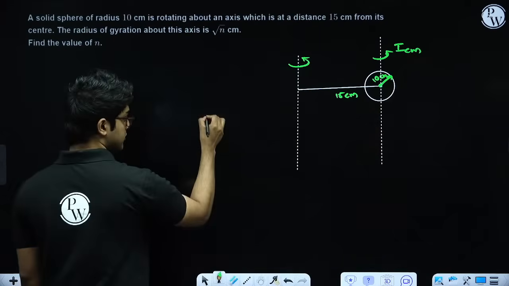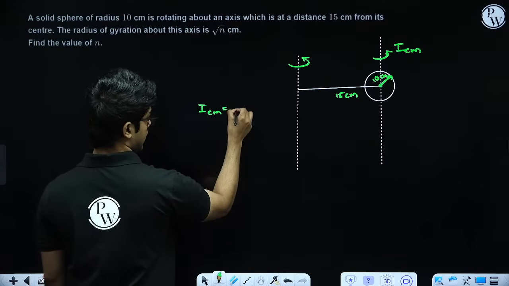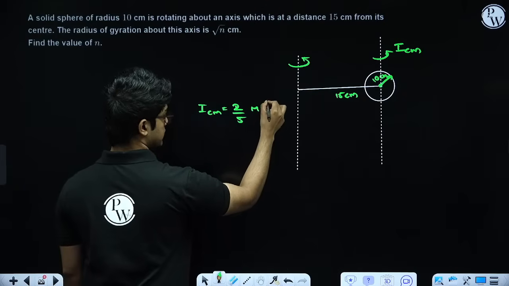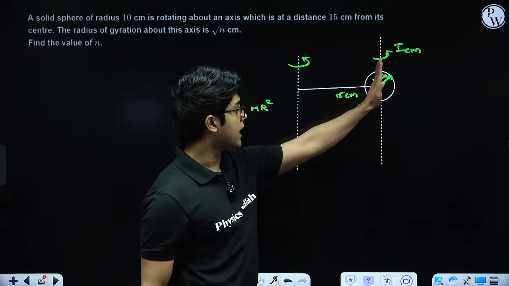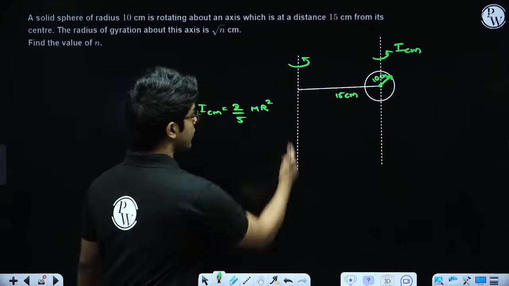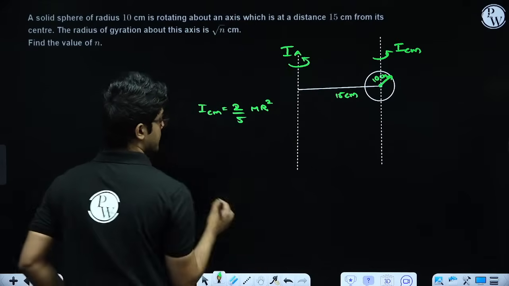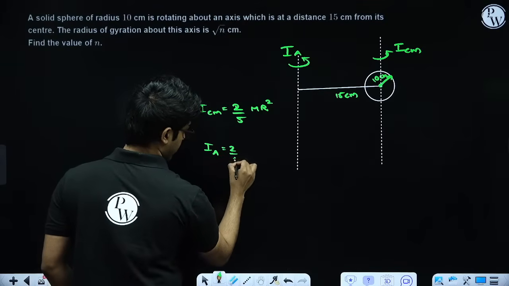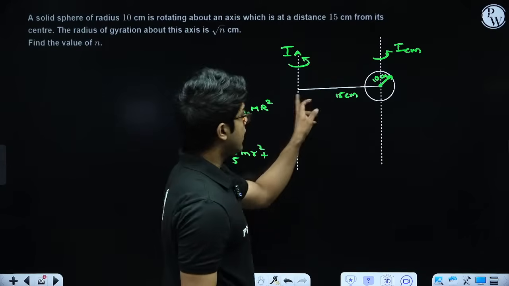For a solid sphere, ICM is 2 by 5 mr squared. We'll have to add m d squared if I want the moment of inertia about this axis. Let's call this axis IA. So IA will be 2 by 5 mr squared plus m times 15 squared.